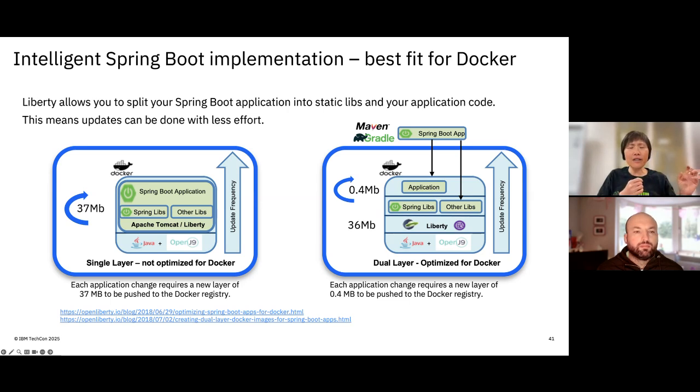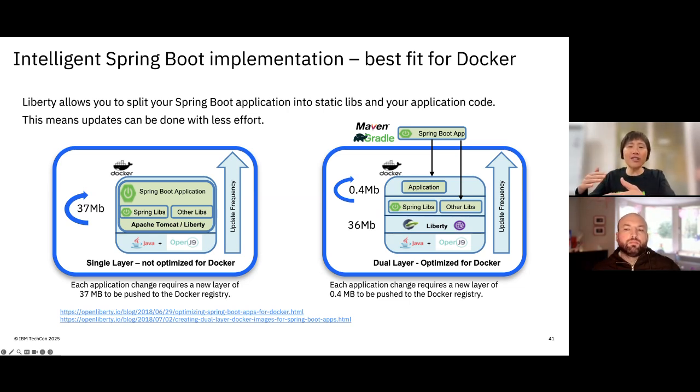So for a Spring Boot application, early on we said you get half of the memory size, RAM, if you deploy to Liberty. If you run in a container, Spring Boot applications are normally quite big. If you change one line and push the Docker image, it's also quite huge, like 37 megabytes. However, if you deploy to Liberty and we layered it up, we know the Spring libraries and other libraries don't change.